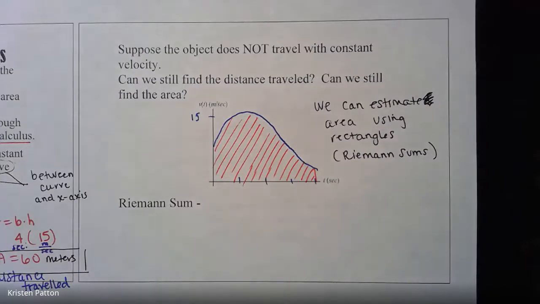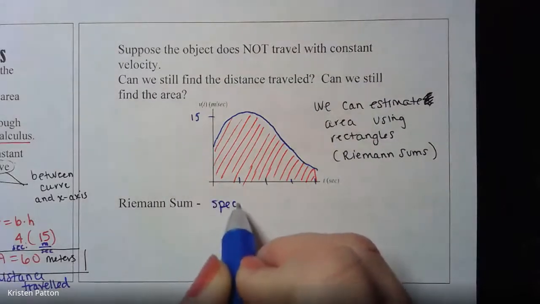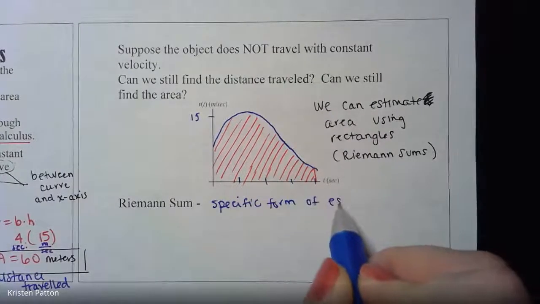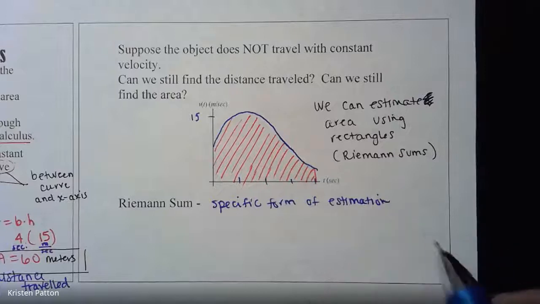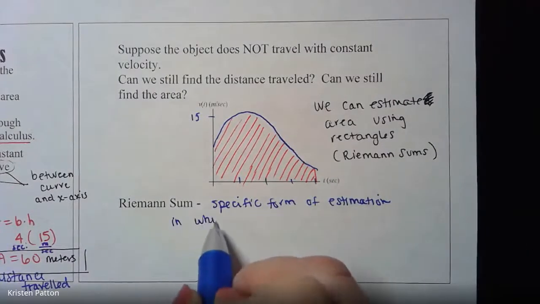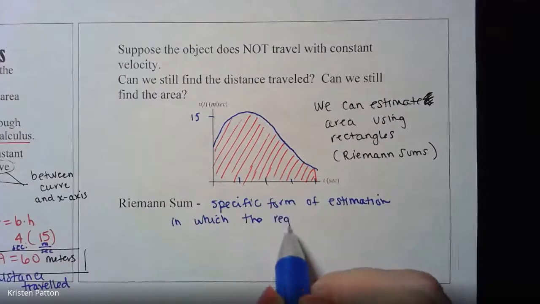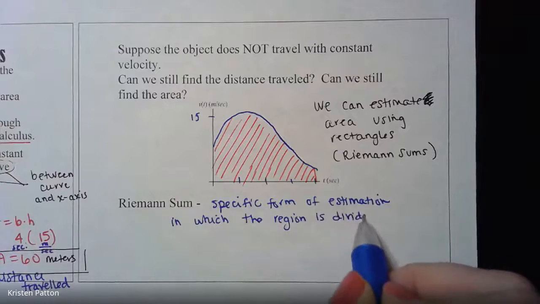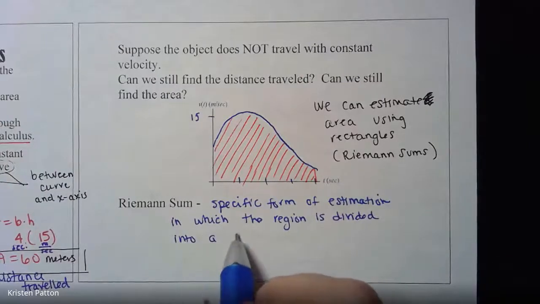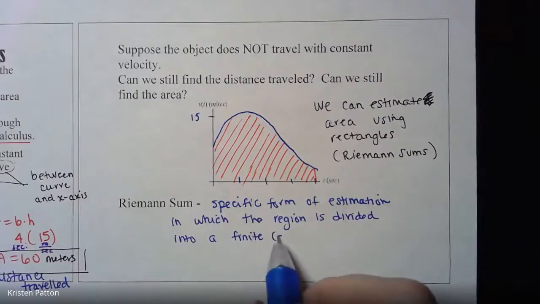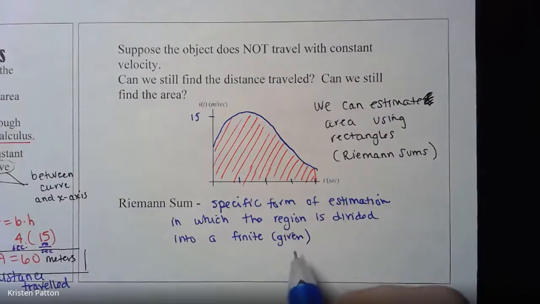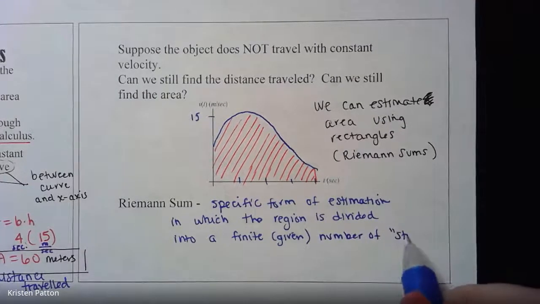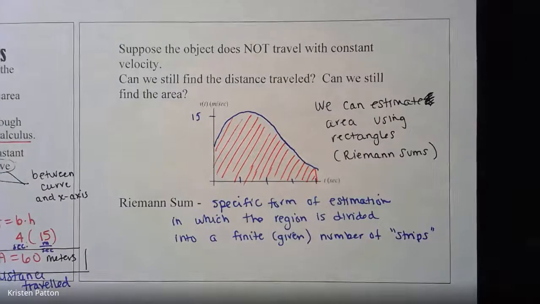And just in general, a Riemann sum is a specific form of estimation in which the region is divided into a finite, or in parentheses, given, number of so-called strips. Okay.